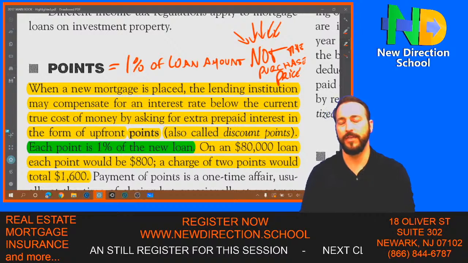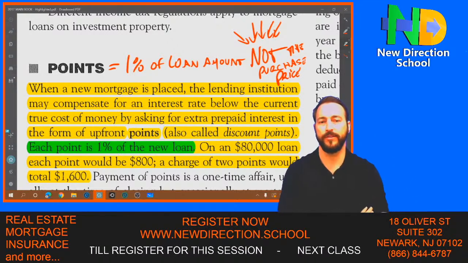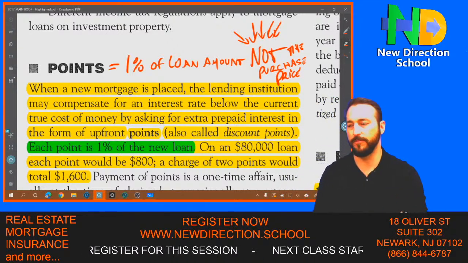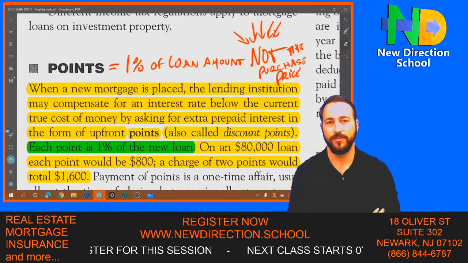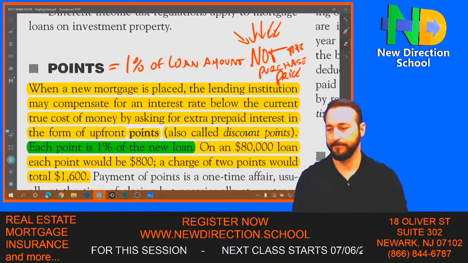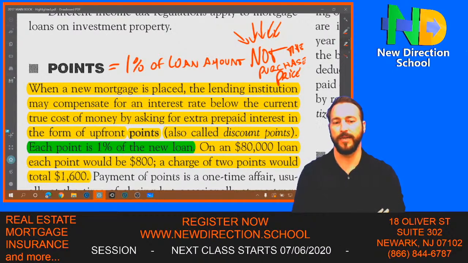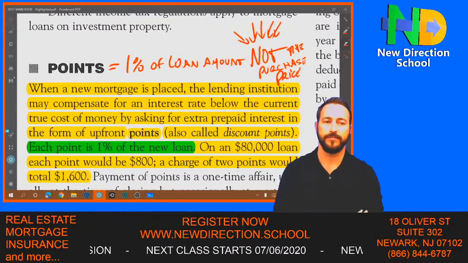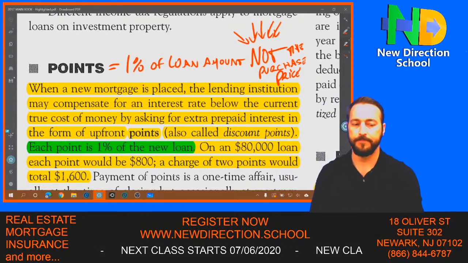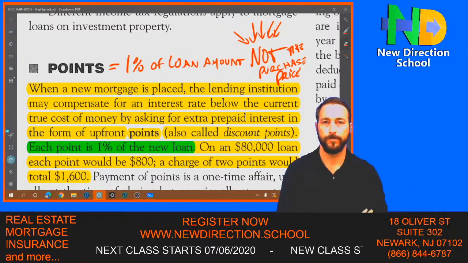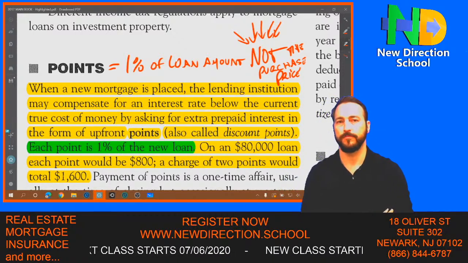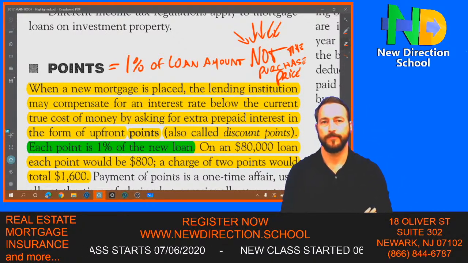So 1 point equals 1% of loan amount, not the purchase price. I cannot stress that enough. That's one of the mistakes that is made in the school and state exam. Got it?